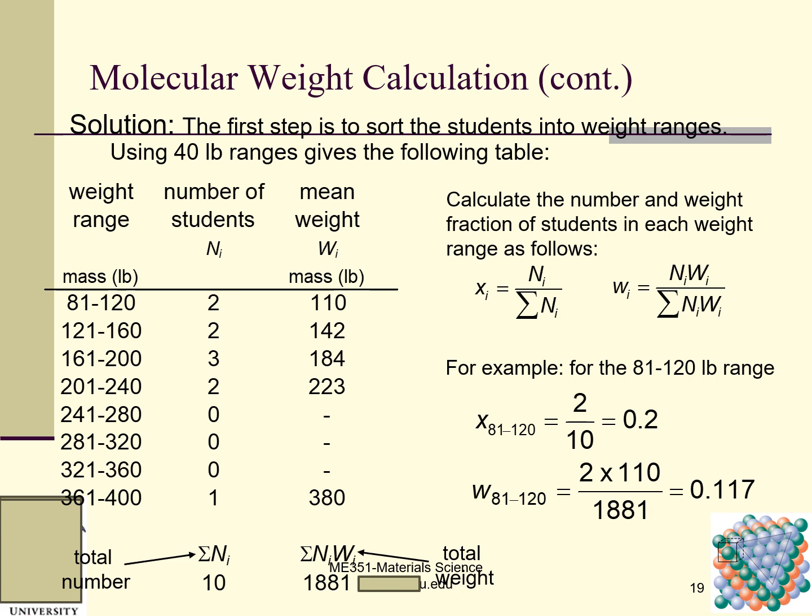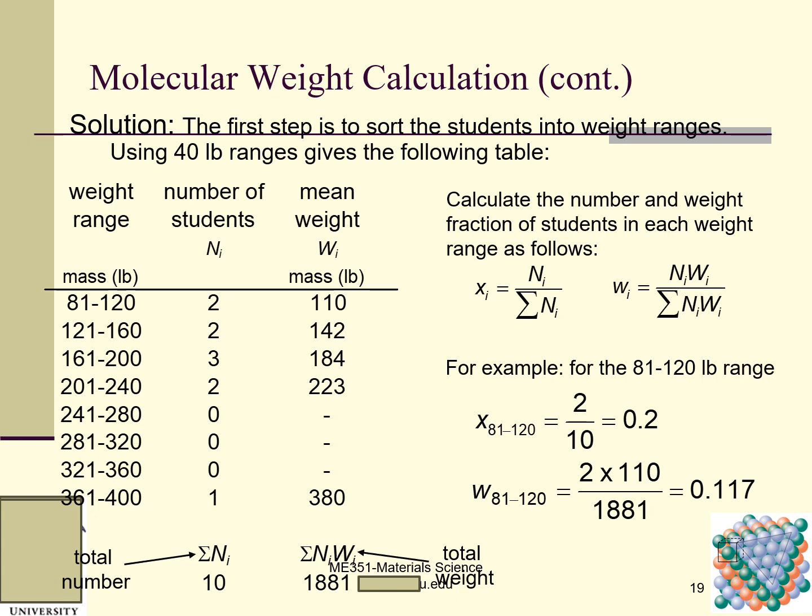We see how many students fall in each range, write down the mean weight wi, and calculate the number and weight fraction of students in each range using these two equations.